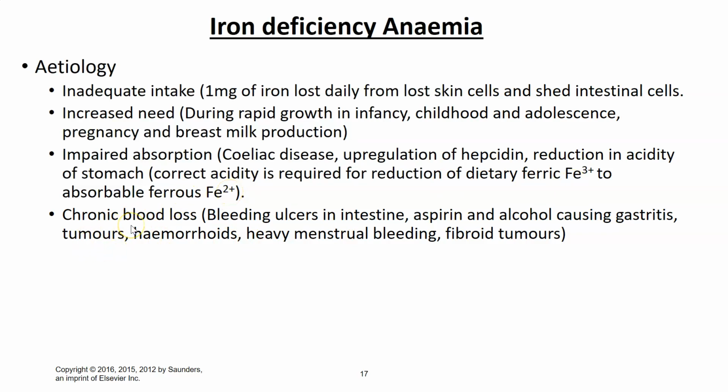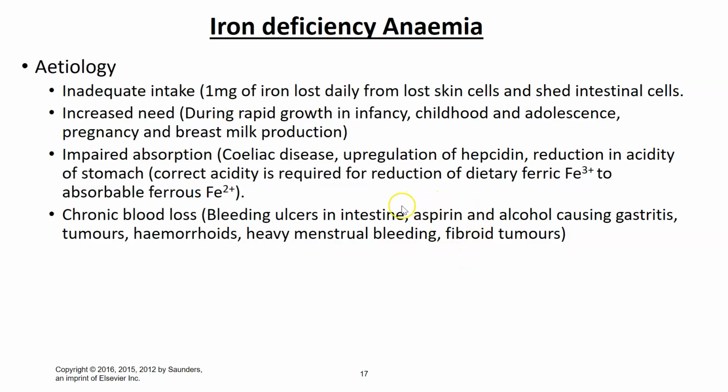And then the last one, chronic blood loss. Like I was showing before, the polyp that was constantly bleeding. It doesn't have to be a polyp. It could be ulcers in the intestine, in the stomach, and they can be caused by people who mismanage their diet in terms of the medicines they take.